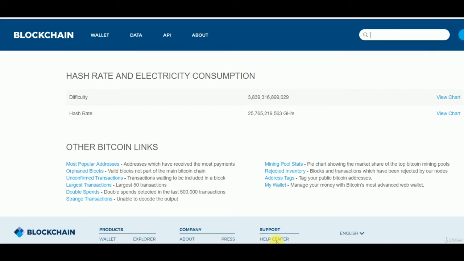Here you see the confirmed transactions versus unconfirmed transactions. When you say something is unconfirmed, it means the miners need to confirm it. Six confirmations is the minimum required to make the transaction a confirmed one.